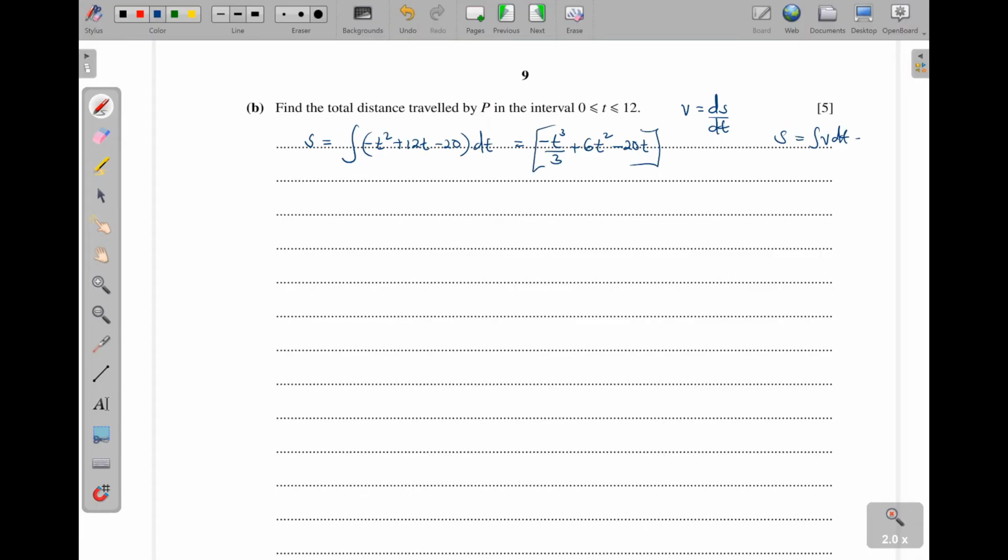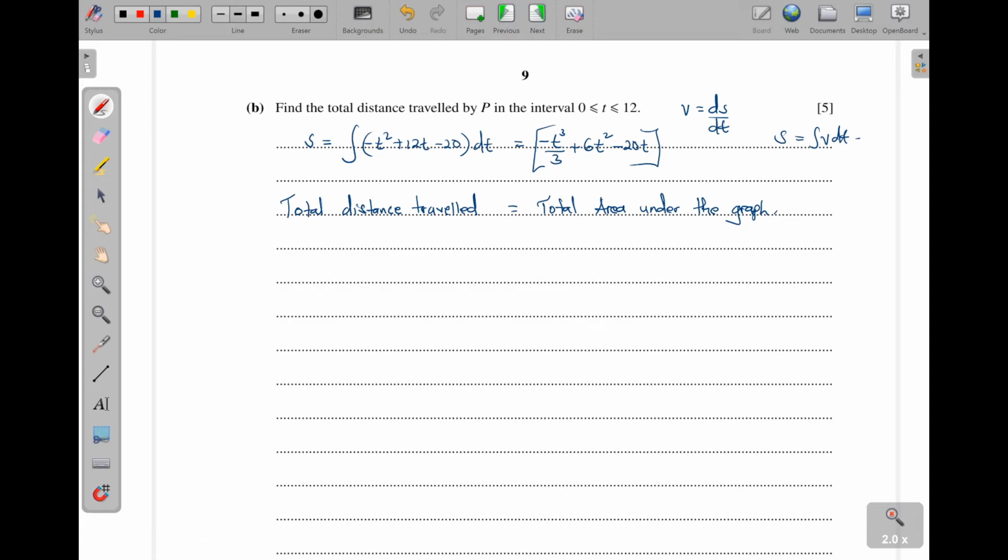Now that means total distance traveled. Remember, total distance traveled is the total area under the graph. So we are already integrating the expression for v.